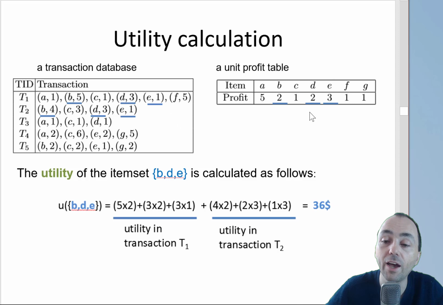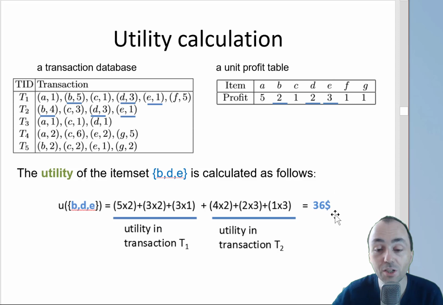And here 1 egg for $3. Then here we have 4 bread for $2, 3 dates for $2, and 1 egg for $3. So the total is $36. So this is the idea of how to calculate the money.